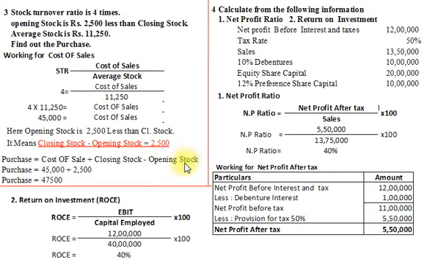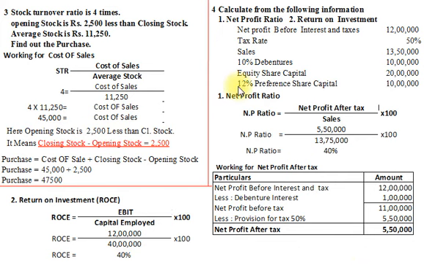Now let us put the available data. Cost of sale already we calculated 45,000 plus here we directly take 2,500, which is nothing but the difference of closing stock and opening stock. So our purchase amounts to rupees 47,500. That's all.